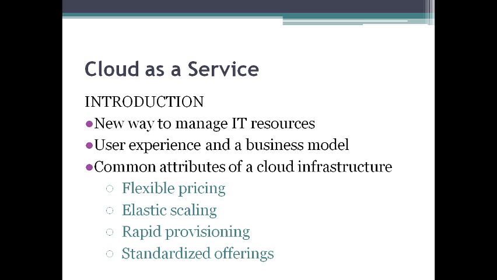The third one is rapid provisioning, which means IT and network capacity and capabilities are automatically and rapidly provisioned using standards. And the fourth one is standardized offerings, meaning that it is a uniform offering for everyone based on metering capacity.